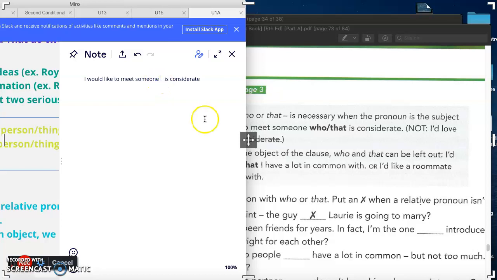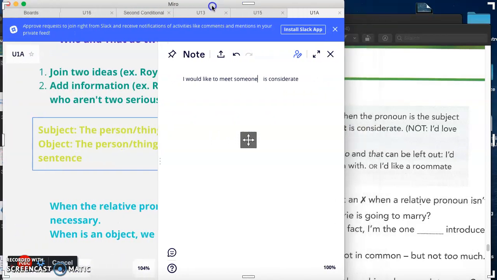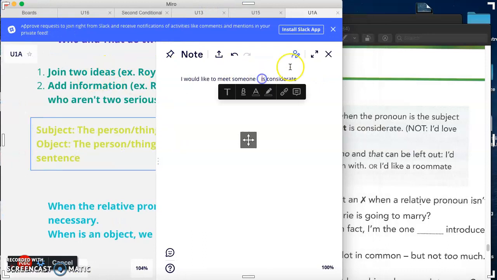So as I mentioned before, we are going to join two ideas. So in this case, I can say I would like to meet someone who is considerate or that is considerate. Remember that we can use it for both people and objects, and who can only be used on people.